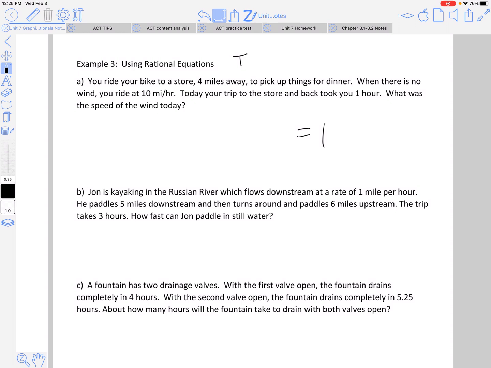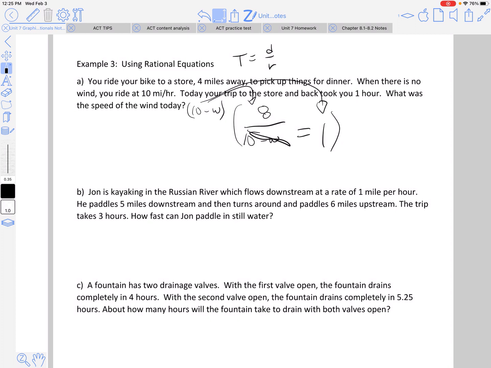So you've got to remember, time equals distance over rate. So we traveled 8 miles, and normally our rate is 10 miles per hour, but we need to subtract that wind that was making us go slower. So what I'm going to do is solve for W. I can multiply both sides by the least common denominator, which is 10 minus W. Now when I multiply 10 minus W here, it'll cancel out, right?